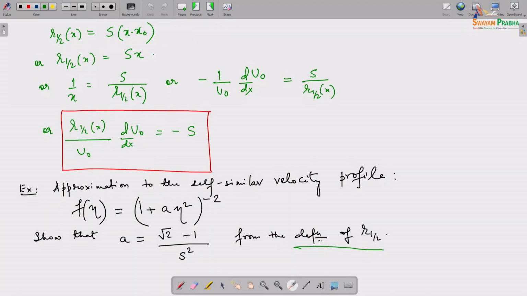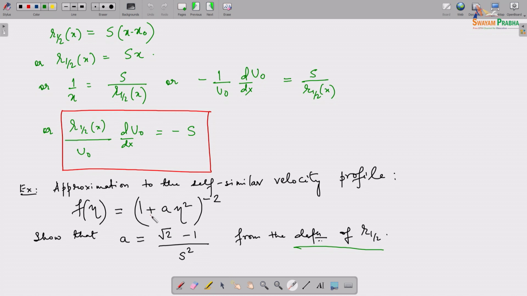When you write this here, it is nothing but a simple polynomial, and you write that in terms of eta, which is a non-dimensional variable. So given any velocity profile, in this case it looks something like this. Show how this A could be.